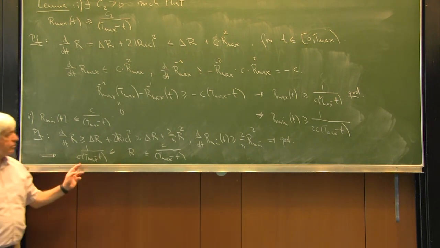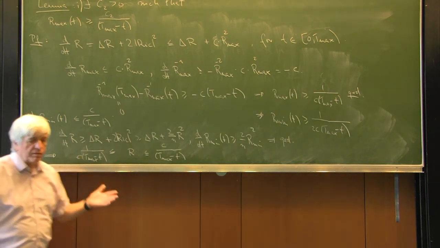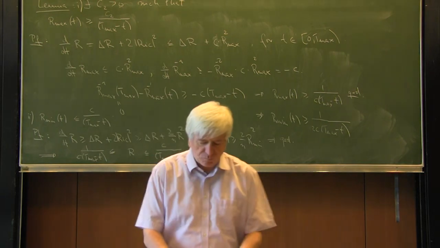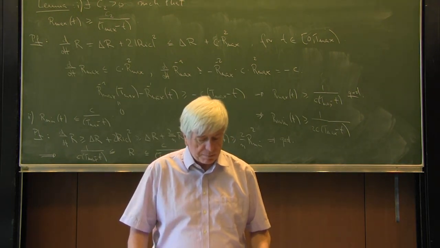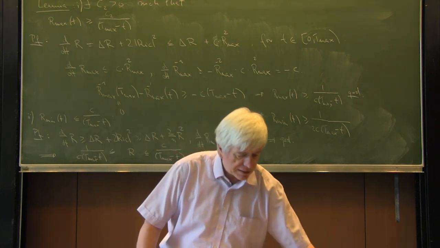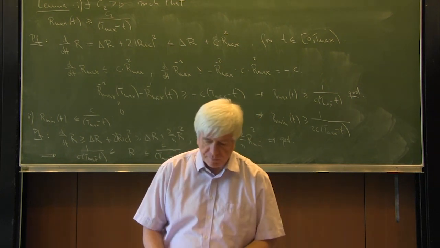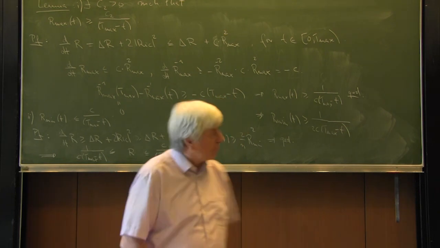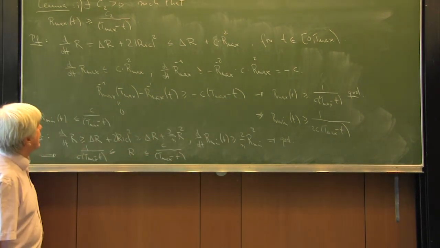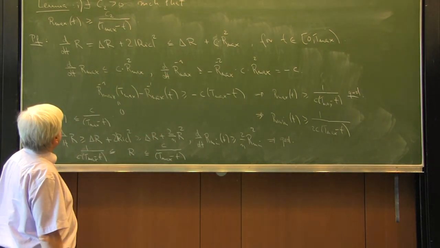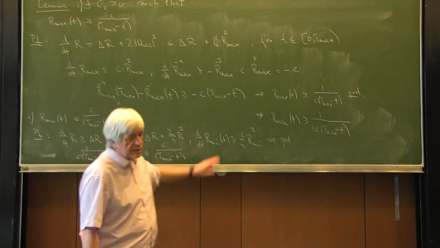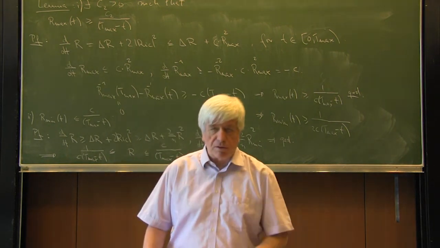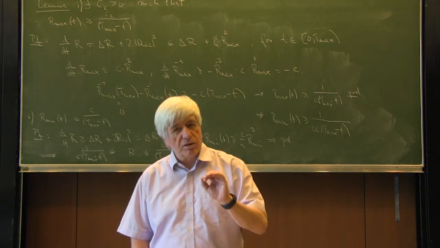Okay, so we have now shown that the scalar curvature has exactly the blow-up behavior that we expect. What we are missing so far, however, is a definite lower bound on the scalar curvature. We have an upper bound, but not a lower bound.